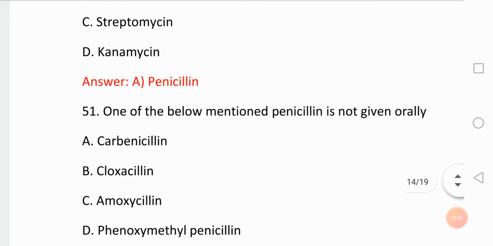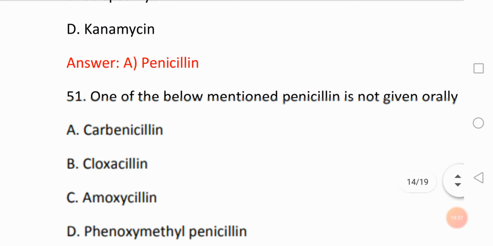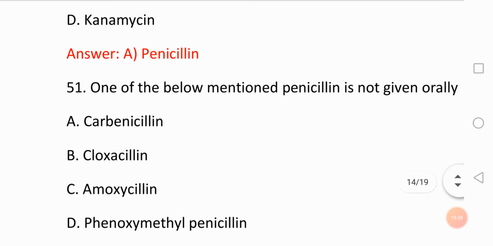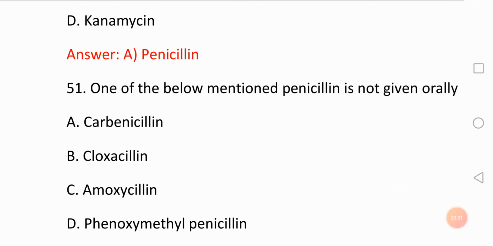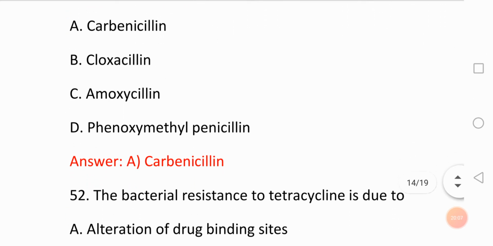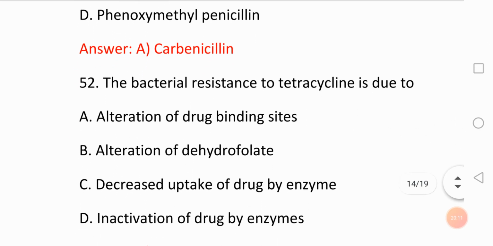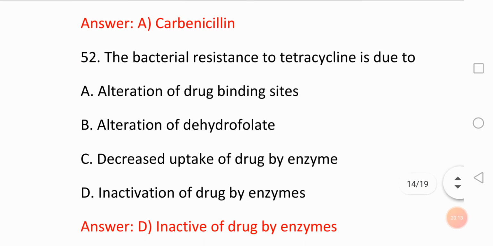One of the following mentioned penicillins is not given orally. A part, carbenicillin, B. cloxacillin, C. amoxicillin, and D. phenoxymethylpenicillin. And the answer is A part, carbenicillin, because cloxacillin, amoxicillin, and phenoxymethylpenicillin are given orally. 52 question.